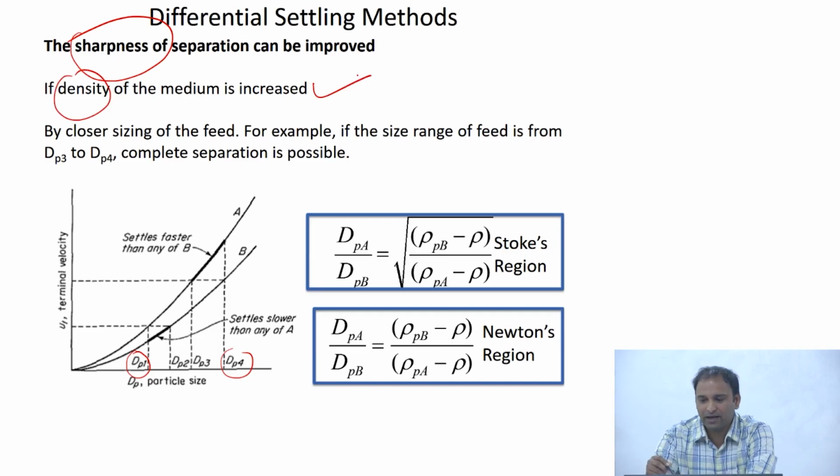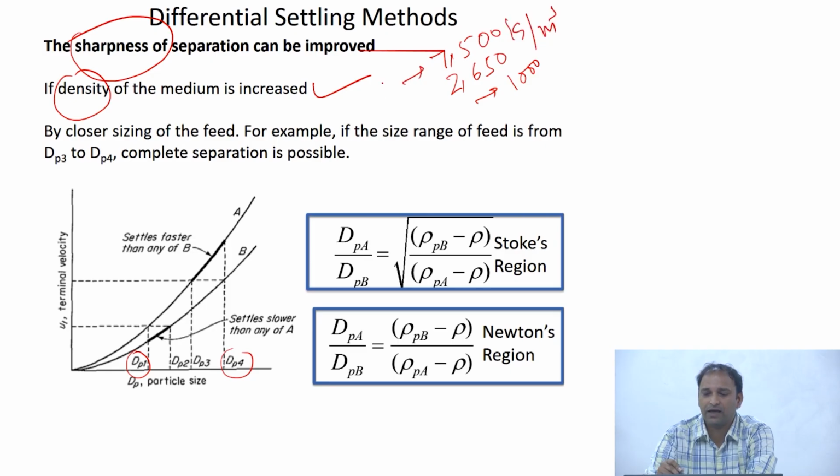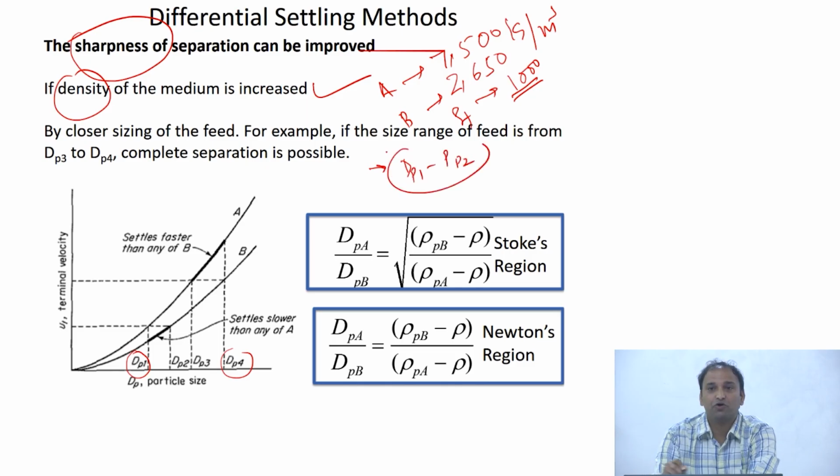In the previous example, you had specific gravities of 2 and 2.65, that's the density of particle A and particle B. If the density of the fluid that I'm using is, say, 1000, then you'll get a certain fraction, maybe dp1 to dp2, as a pure fraction.